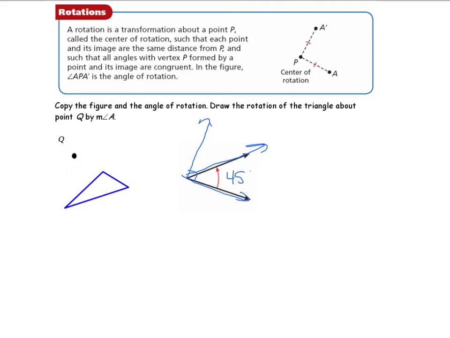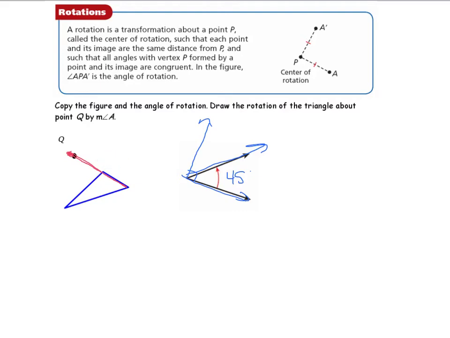The easiest way to do that is to connect this image to that dot. So what I would do is take a ruler or some sort of straight edge and draw a connection between the figure and the point that you want to rotate around. From here, if you remember, we rotate counterclockwise. It needs to be rotated 45 degrees. So if you have a protractor, wonderful. If not, we're going to have to use some sort of estimation.